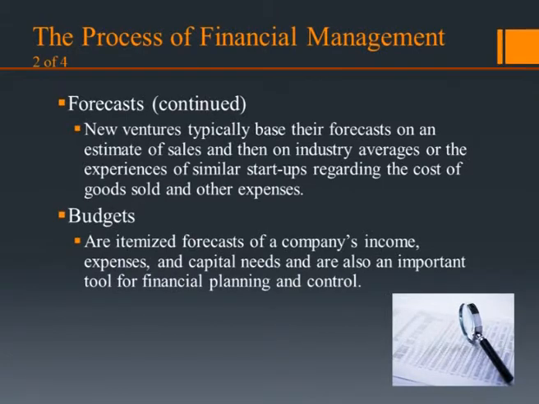New ventures typically base their forecasts on an estimate of sales and then on industry average or the experience of similar startup regarding the cost of goods sold and other expenses. On the other hand, the budgets are itemized forecasts of a company's income, expenses, and capital needs, and are also an important tool for financial planning and control.